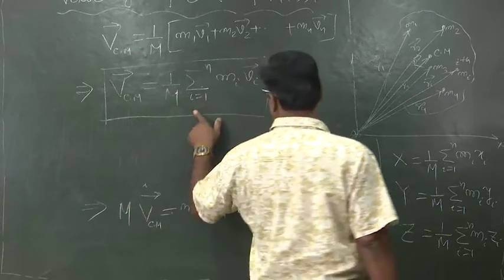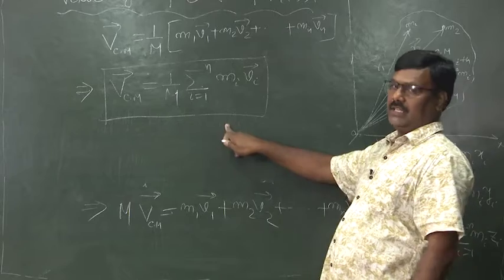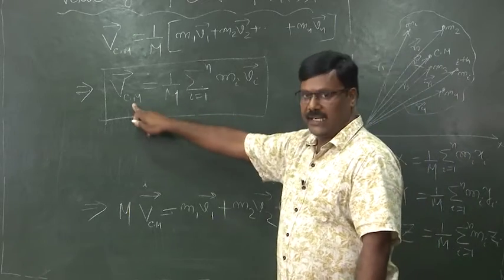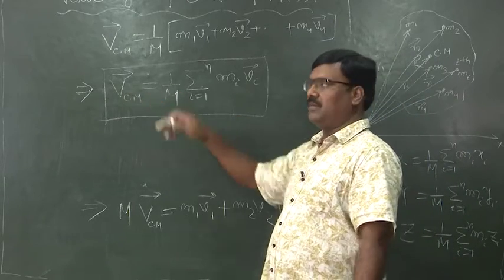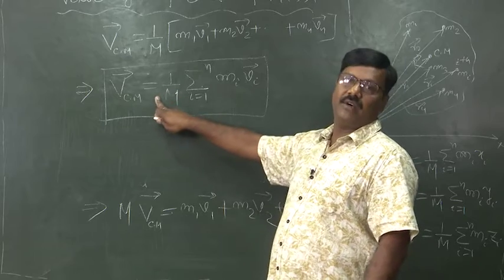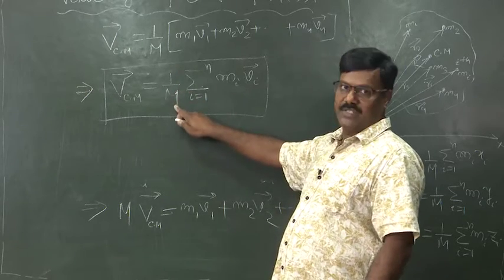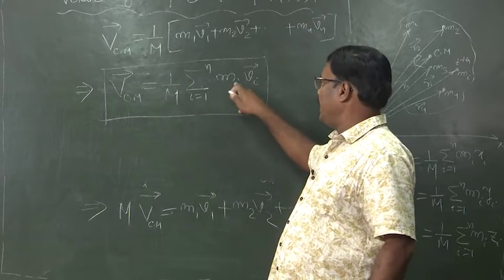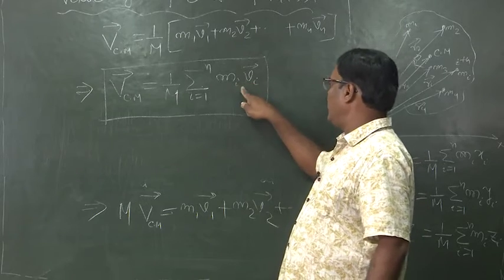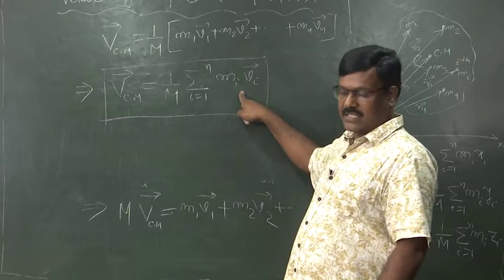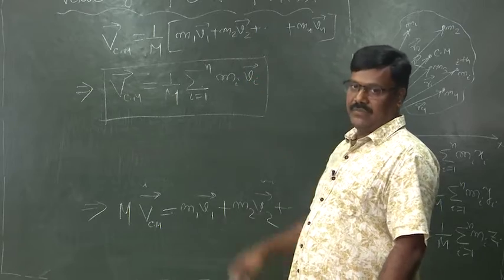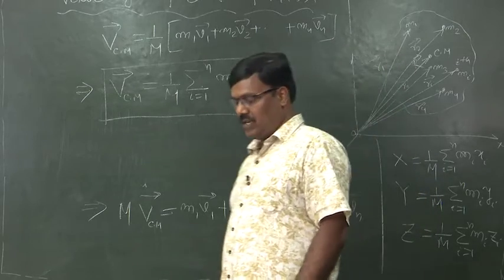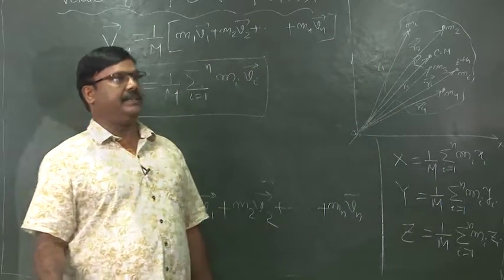This is the expression for the velocity of center of mass of a system of particles, which is equal to 1 by M times the sum over mi vi, where mi is the mass of the ith particle and vi is the velocity of the ith particle.